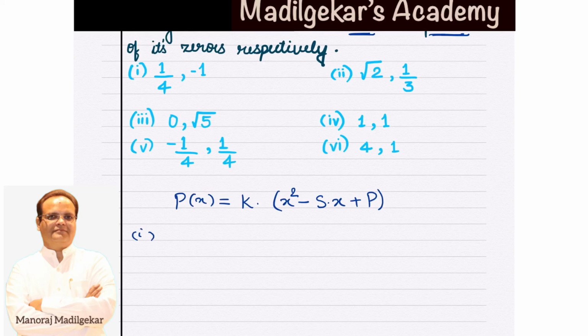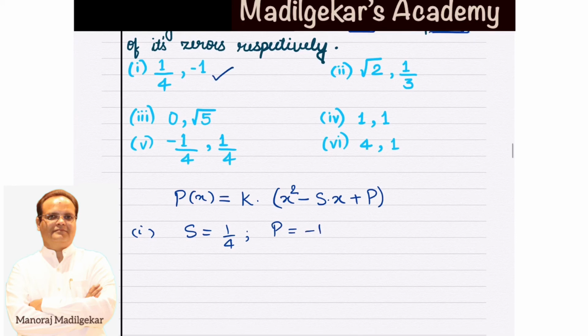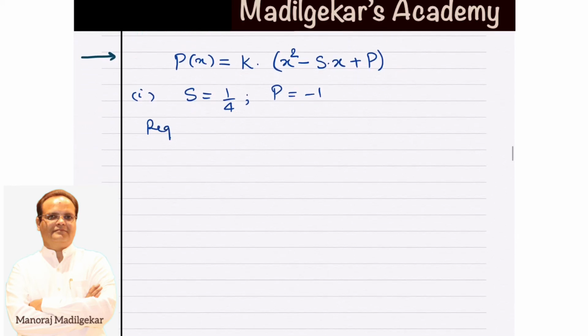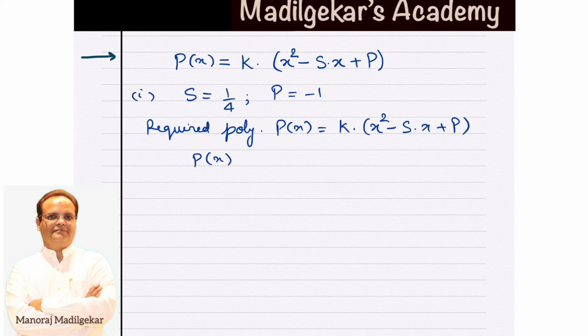In the first example, it is given that sum is 1 by 4 and product is minus 1. So required polynomial P of x is k into x square minus s x plus p. So P of x is k into x square minus 1 by 4 x minus 1.